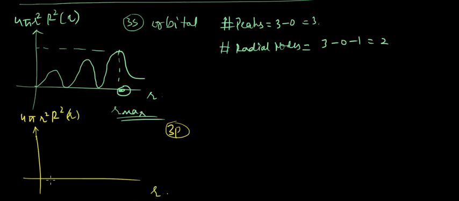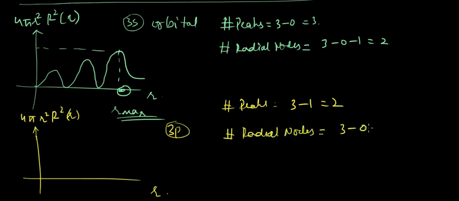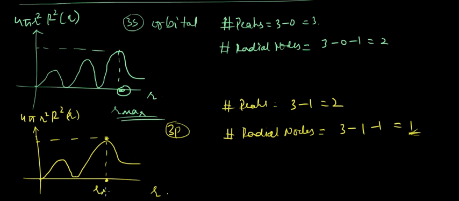So for 3p number of peaks would be 3 minus 1, which would be 2, and number of radial nodes would be 3 minus 1 minus 1, sorry, here it is 1, so it should be 1. Okay, so it would be something like this. So this would be the r max at which RPDF is maximum.